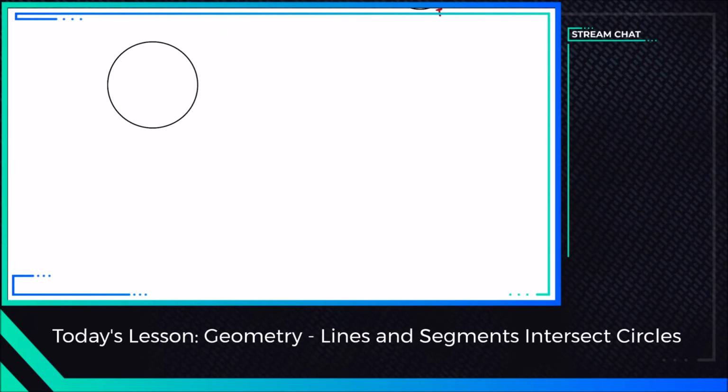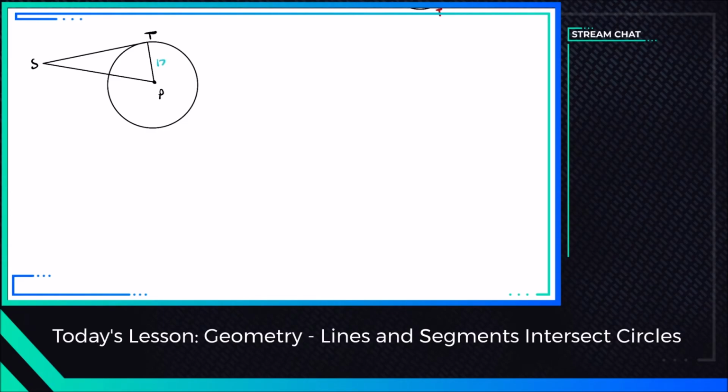And then we're going to go ahead and draw a center of the circle here, P. We're going to have a point here, S, and a point here, T. And we're given the following information.